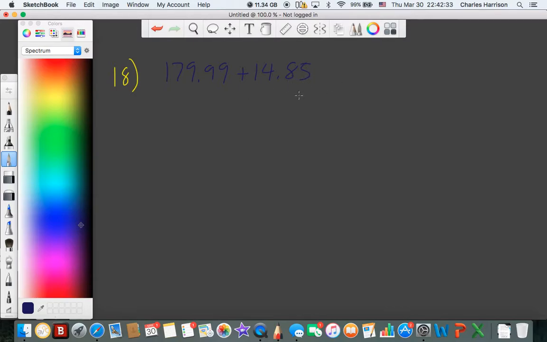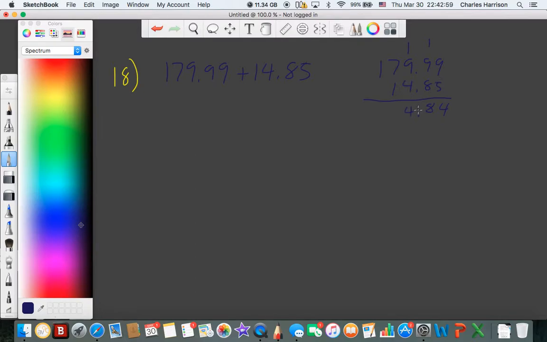All right, so we can set this up vertically. 179.99 plus 14.85, like so. Simple as that. This plus this is 14, carry the 1. This plus this is 17, plus the 1 is 18, carry the 1. This plus this is 10, and then 14.